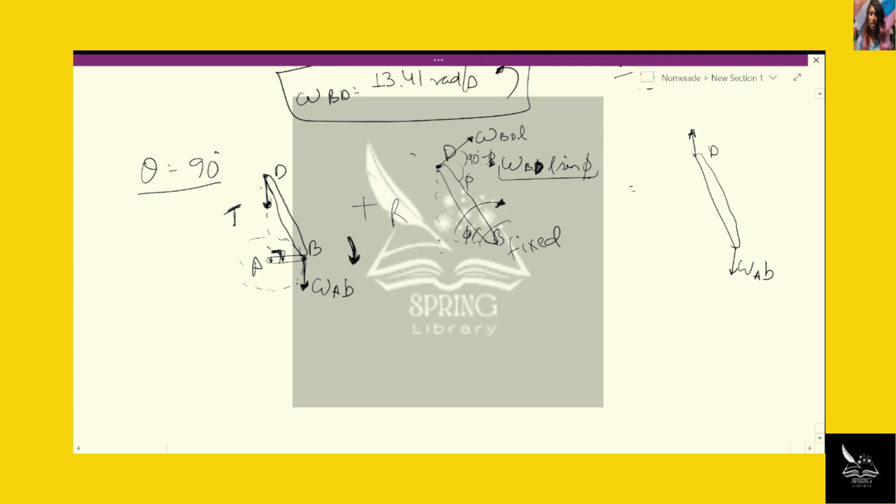Hence, there is no horizontal component to cancel this. So this tells you that omega BD L sine phi equals 0. And since sine phi is not 0 and L is not 0, you conclude that omega BD has to be 0 in this case.